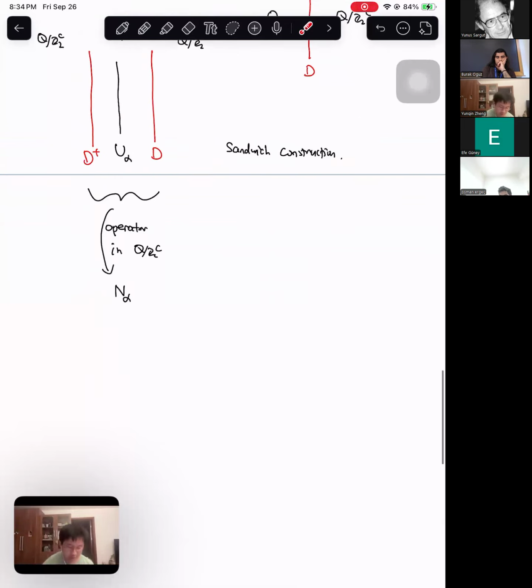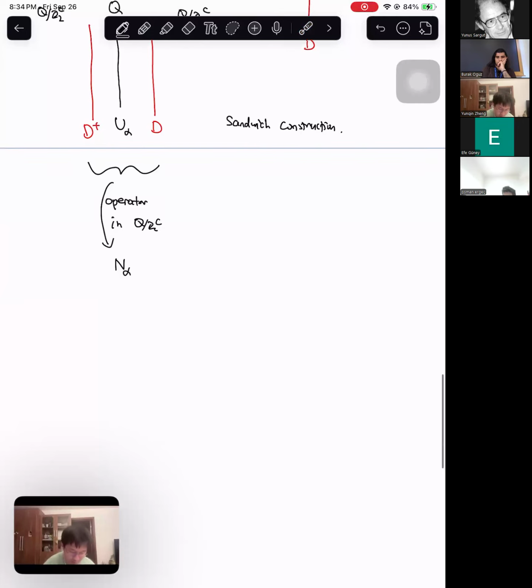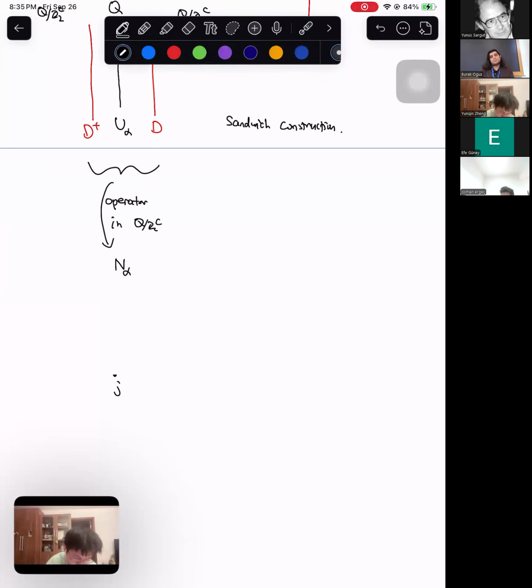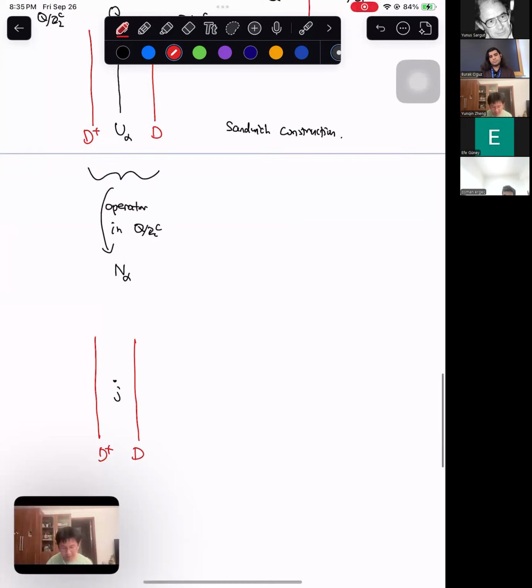So this is also a nice illustration of where the non-local current comes in. So before gauging, you have a current J. And after gauging, what you need to do is just to sandwich this J between these duality interfaces, D dagger and D.